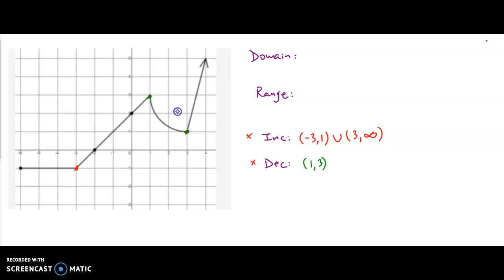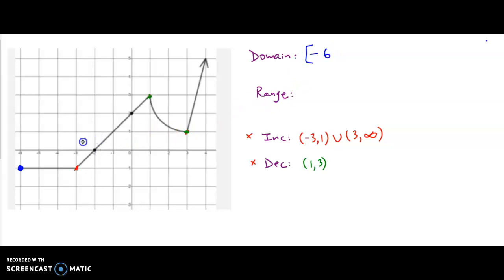So how far left does it go? The furthest left point is right here in blue, right? Because it's a closed dot, and there's no arrow, so it doesn't keep going to negative infinity. And because it's a filled-in dot, it's at -6. So I know that it begins at -6, and I'm going to have a bracket, okay?